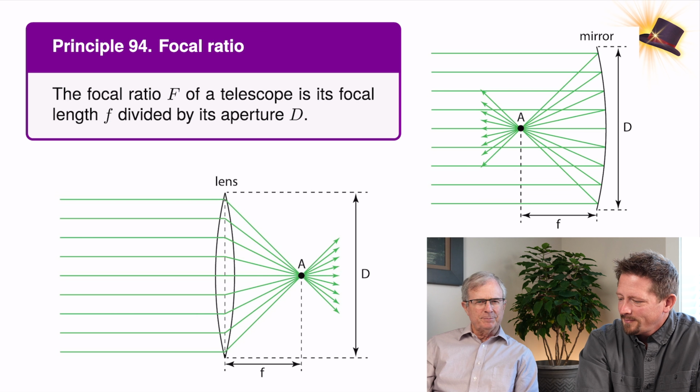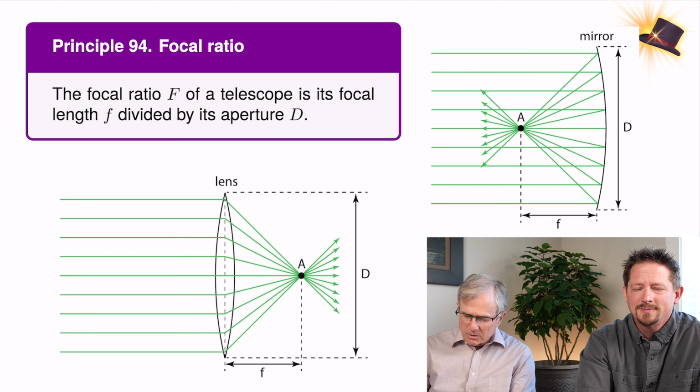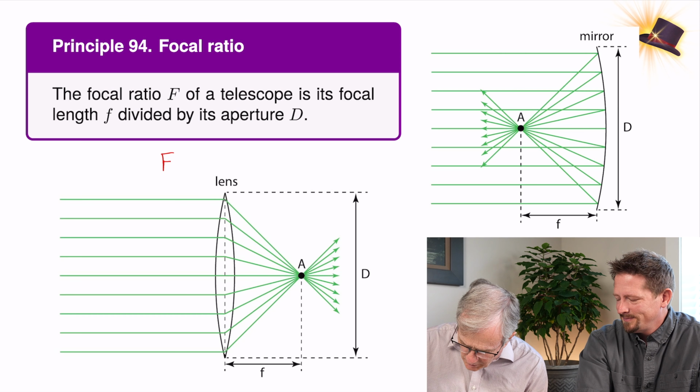Okay, focal ratio. Principle 94. The focal ratio of a telescope is its focal length divided by its aperture. That's a simple equation.